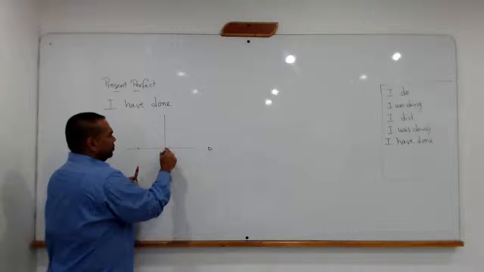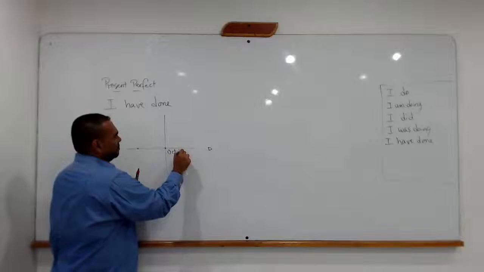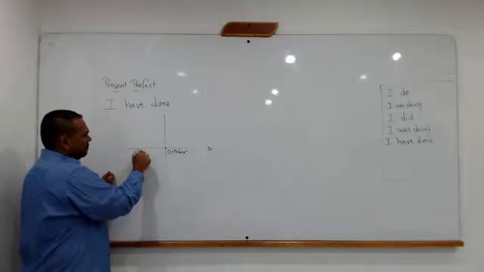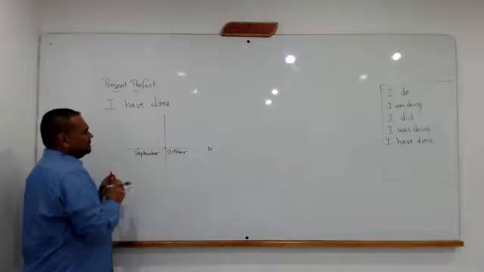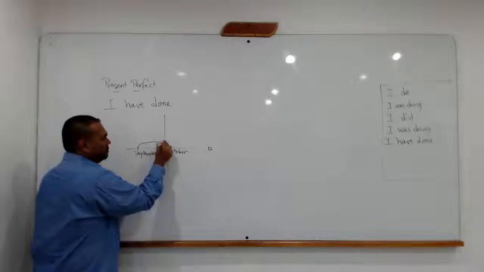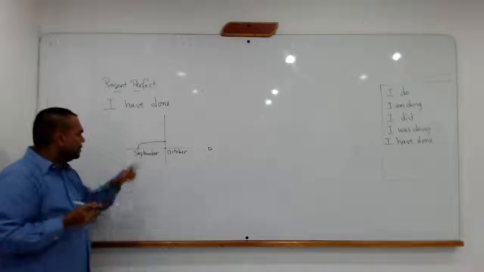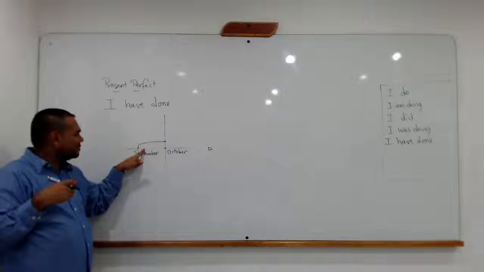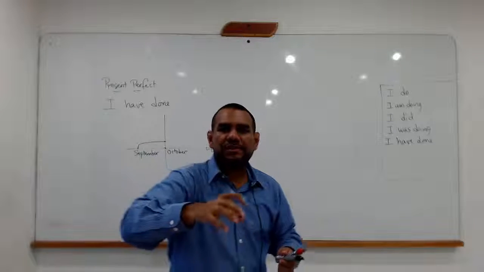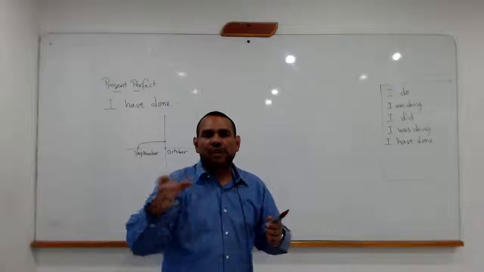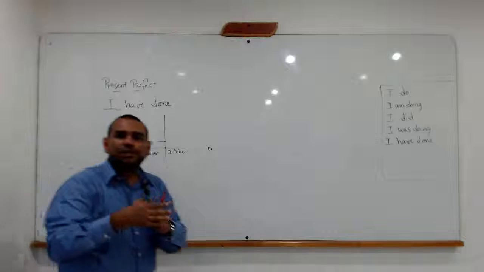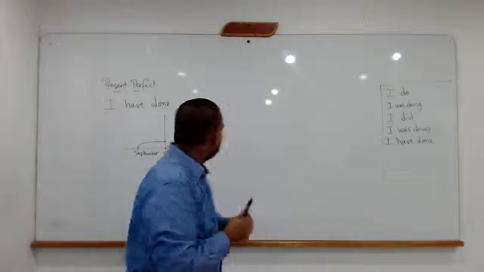At this moment is October, and I'm going to refer to September. And look at this. This action refers to something that started in the past, but it still has implications, repercussions, or a specific affection in the present moment. It actually comes to our time.